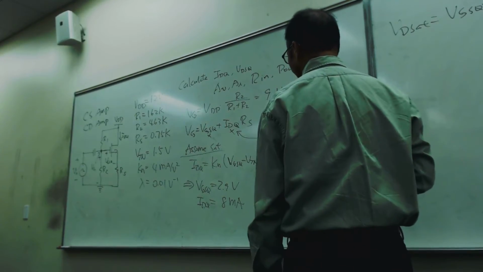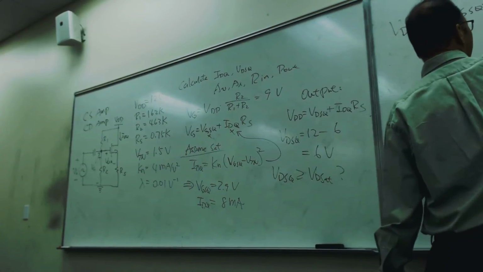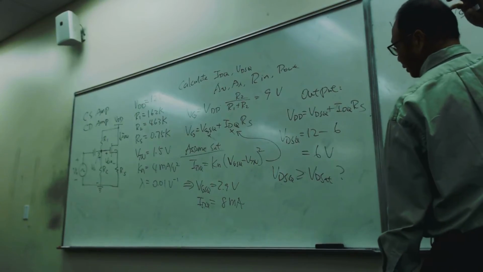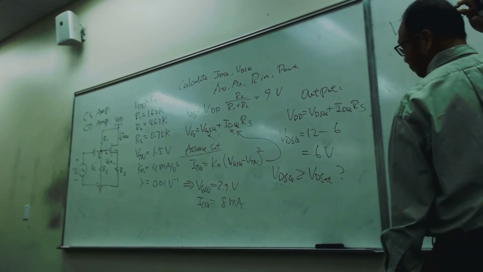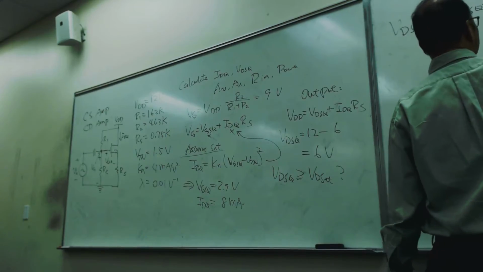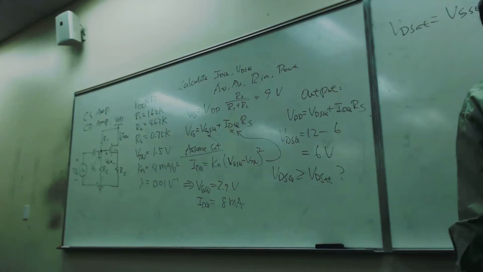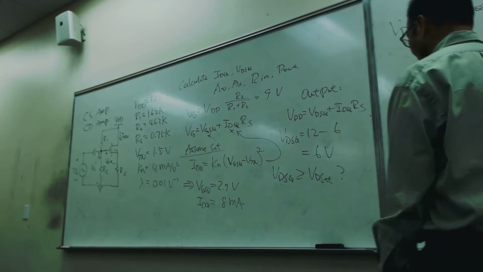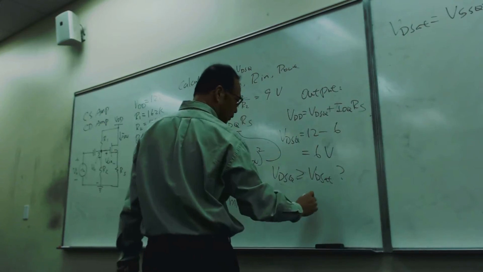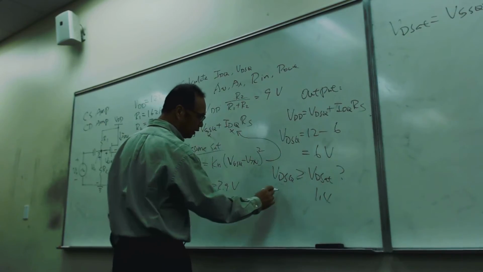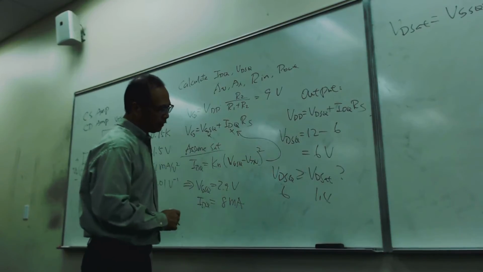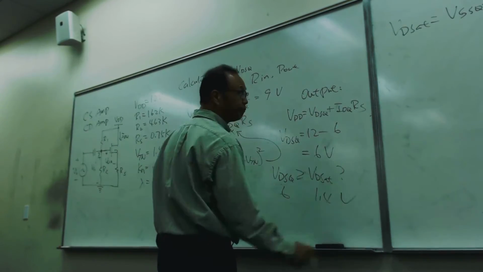So that's 2.9 minus what? 1.5. So this is 1.4. So this is 1.4. This is 6. So the assumption is checked. Yes?